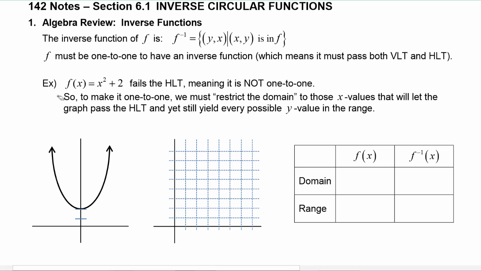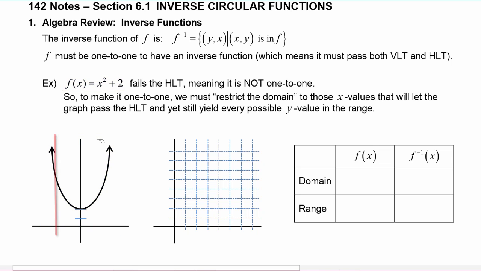Let's look at this example here. We have f of x is equal to x squared plus 2. Now we recognize that as the graph of a parabola whose vertex is at 0, 2. So here is this graph here.